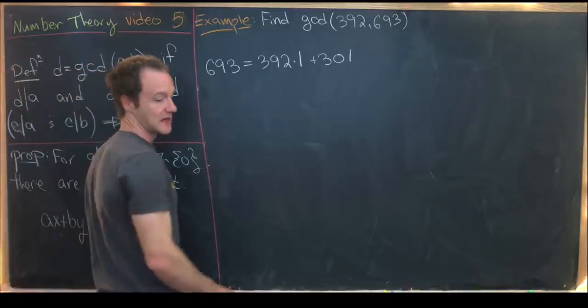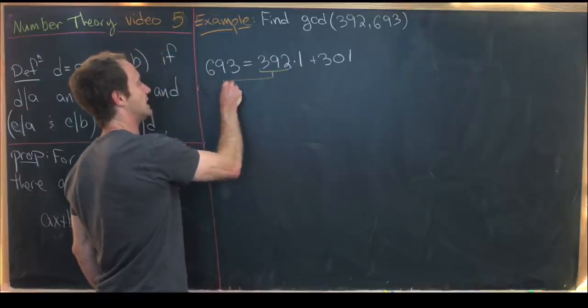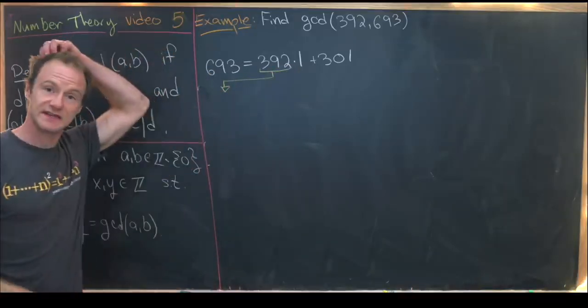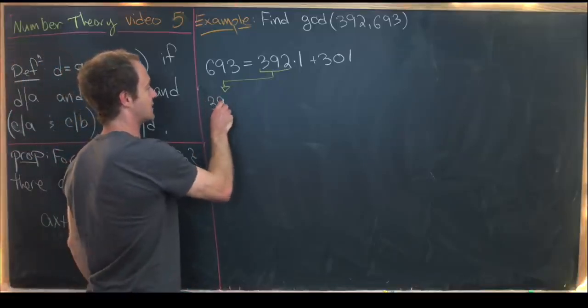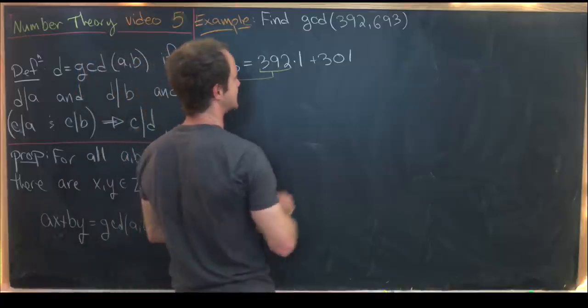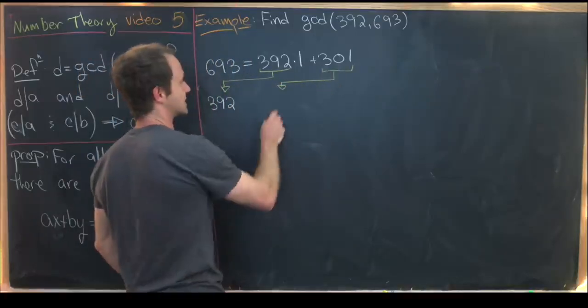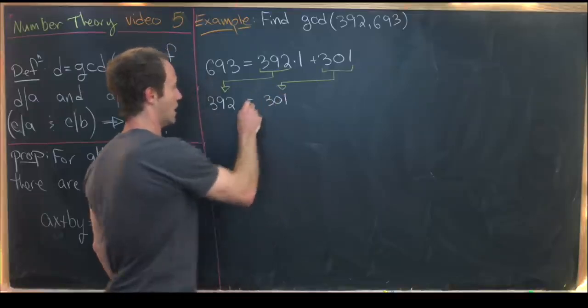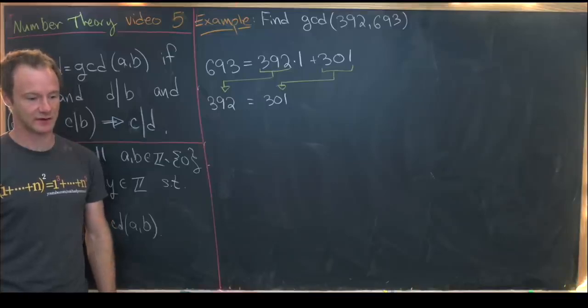Okay, from here, 392 will move over here and play the role of 693 in our last step. So let's move that here, 392, and we need to divide that by our previous remainder. So that's going to be 301. So that's how the roles are changing from one step to the other.